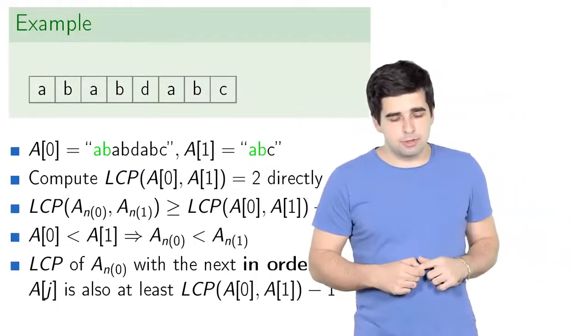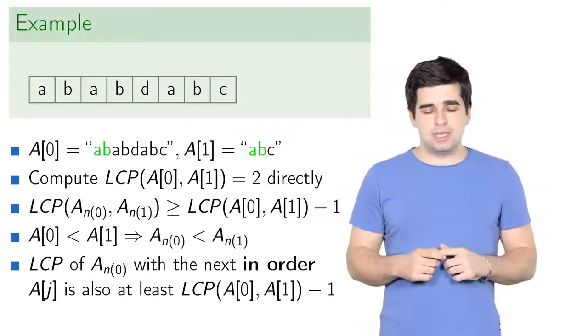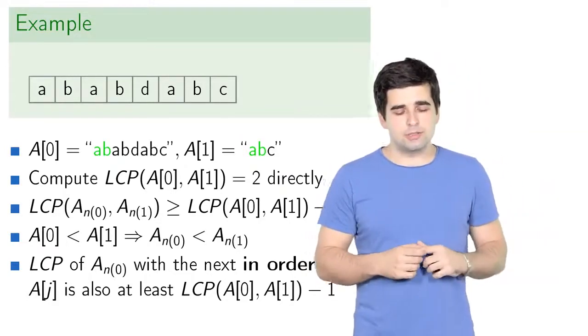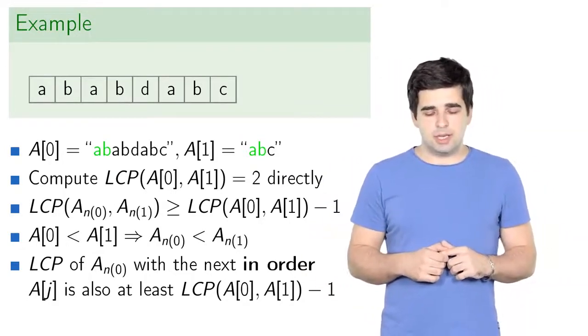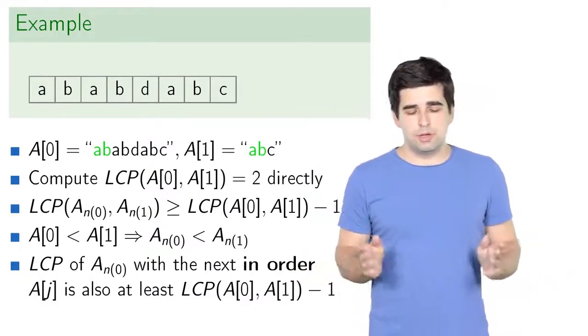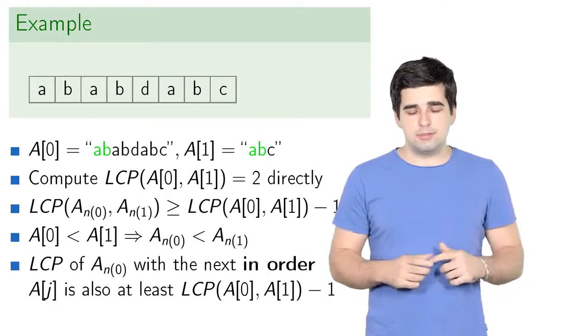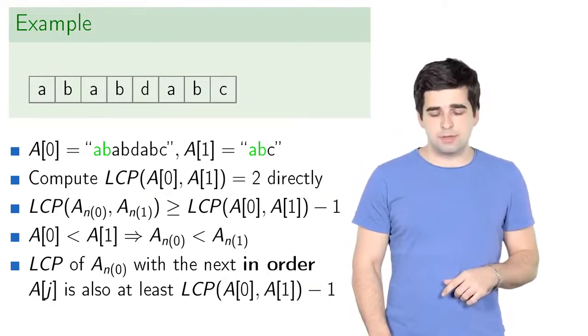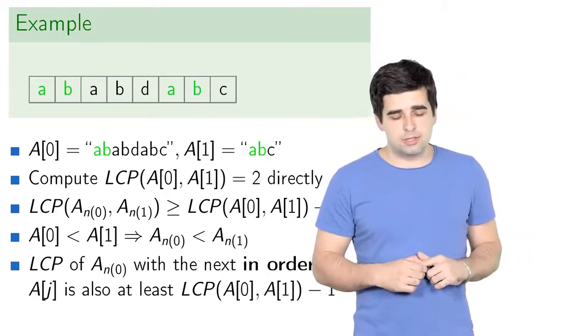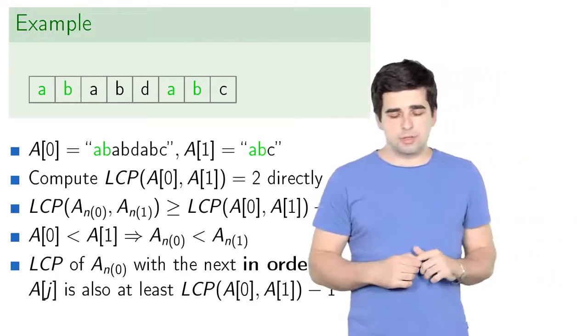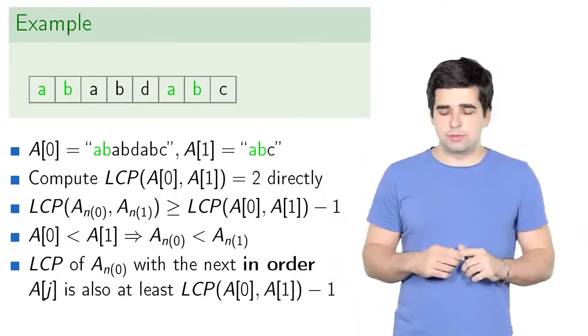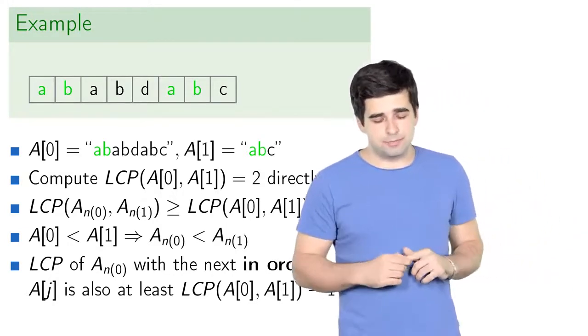So here's an example. We have a string S which is ABABDABC, and the smallest suffix is ABABDABC. The whole string is actually the smallest suffix. And the next one in the suffix array is ABC. And their longest common prefix is AB. And here we see it. We compute this longest common prefix, which is equal to 2 in length, directly.